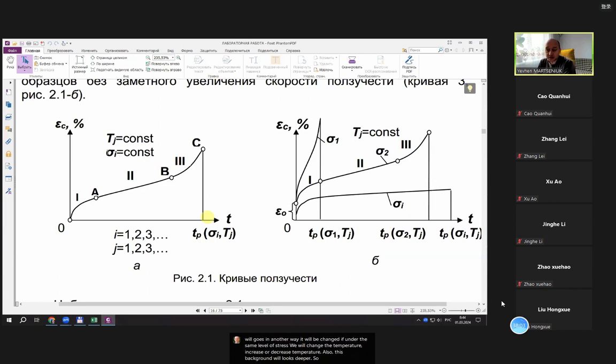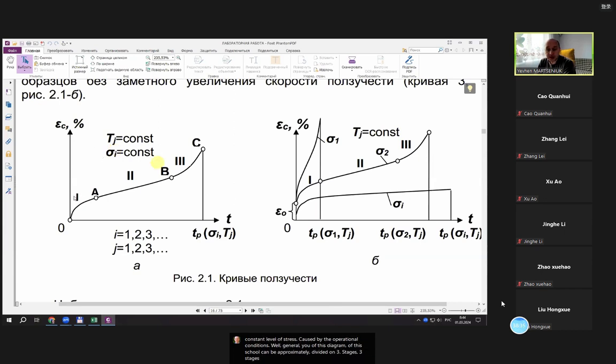So it will be like a set of curves, and each curve can be obtained only for a constant temperature and constant level of stress caused by the operational conditions. Well, the general view of this curve can be approximately divided into three stages.